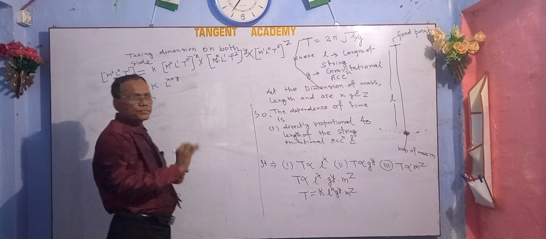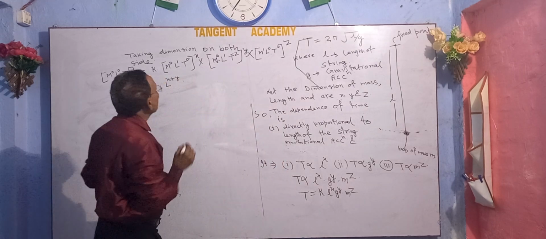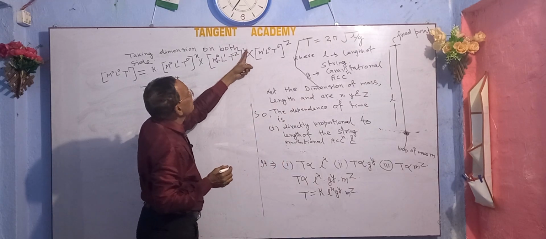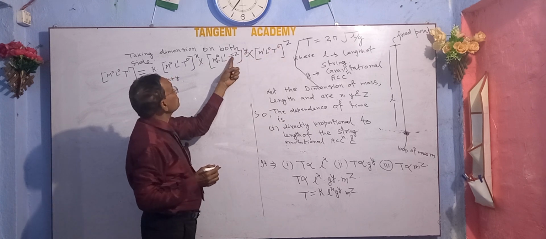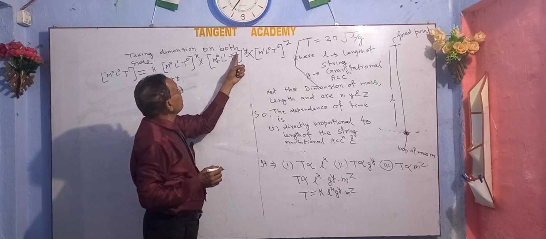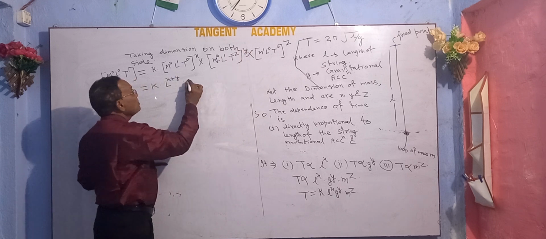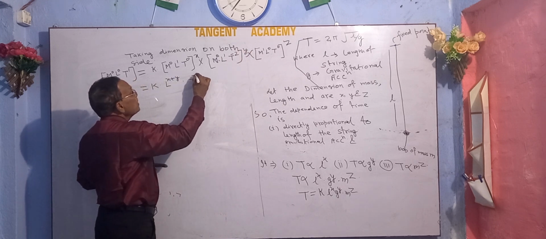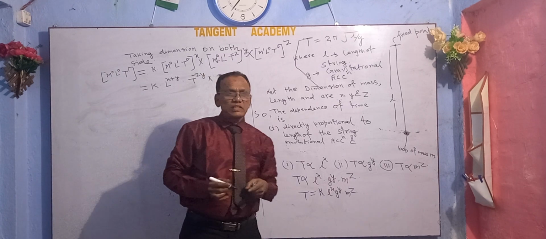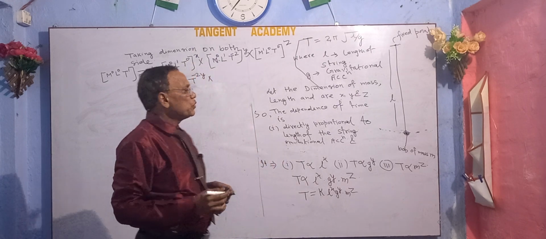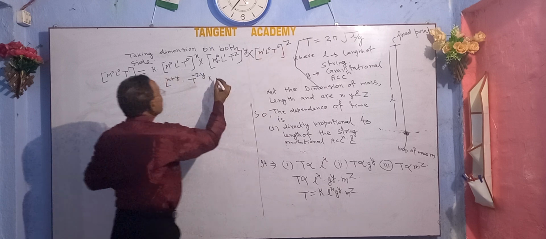Here t has 0 power, so this power will be multiplied by minus 2y, T to the power minus 2y. So time has minus 2y power, and the third one is M to the power z. Only one dimension in M, so M to the power z.